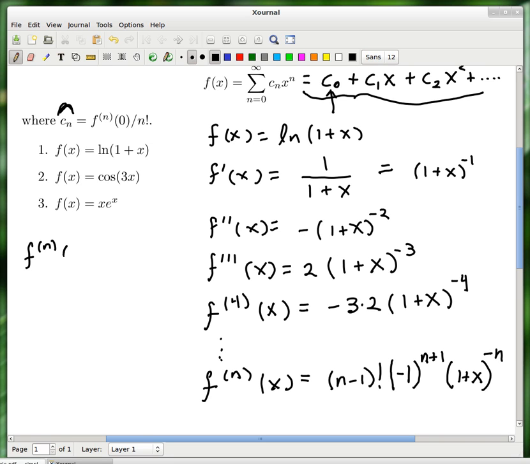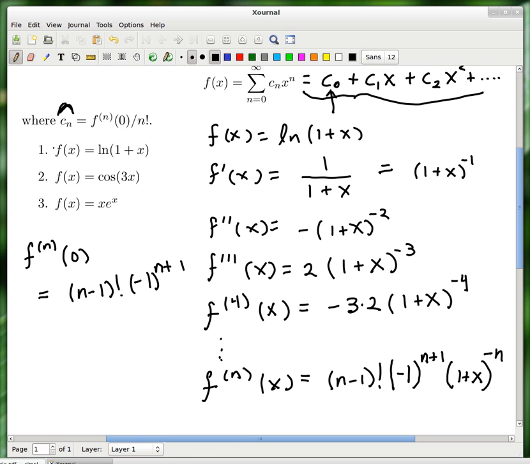Well, you just replace x with 0 everywhere. That just makes this 1, and so you can forget about that part. And it just becomes n minus 1 factorial times minus 1 to the n plus 1.